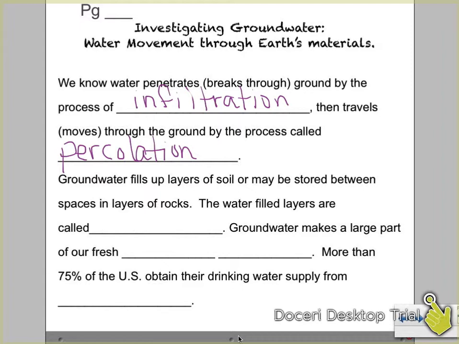Very good. All right. So going back here, once it moves through the zone of aeration and enters past our water table into our zone of saturation, where our groundwater is located and our aquifers are stored, groundwater fills up a layer of soil or may be stored between spaces and layers of rocks. The water-filled layers are called aquifer.